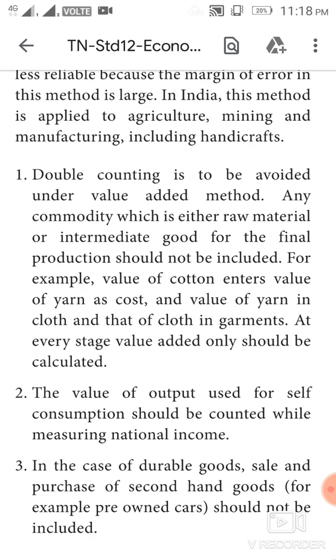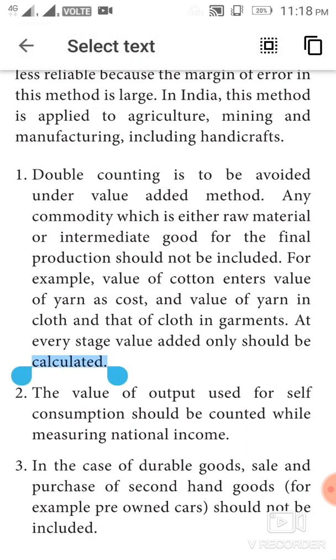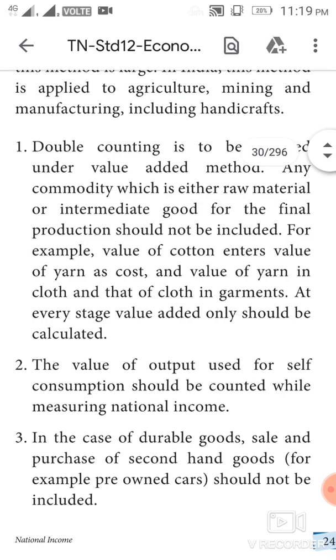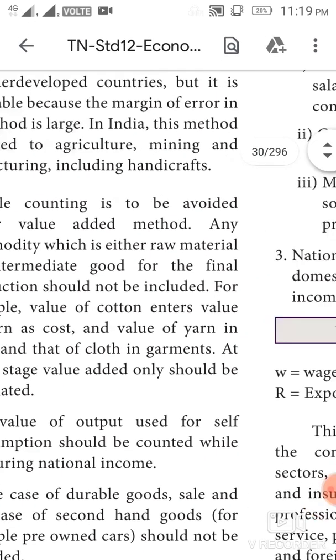At every stage, value added only should be calculated. Second, the value of output used for self-consumption should be counted while measuring national income. Third, in the case of durable goods, sale and purchase of second-hand goods, for example, pre-owned cars should not be included.